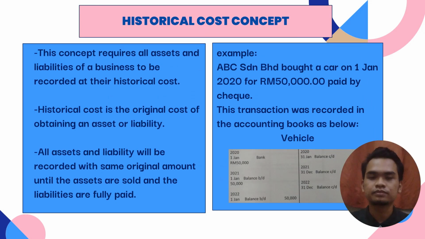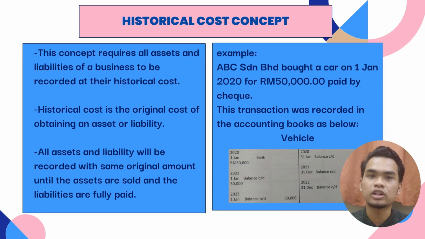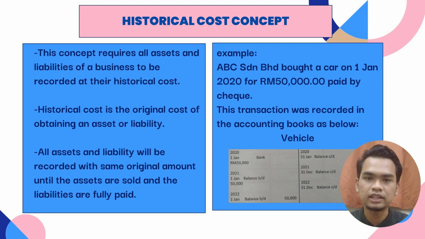Hi, I want to talk about the historical cost concept. What is the meaning of the historical cost concept? This concept requires all assets and liabilities of a business to be recorded at their historical cost. Historical cost is the original cost of obtaining an asset or liability.